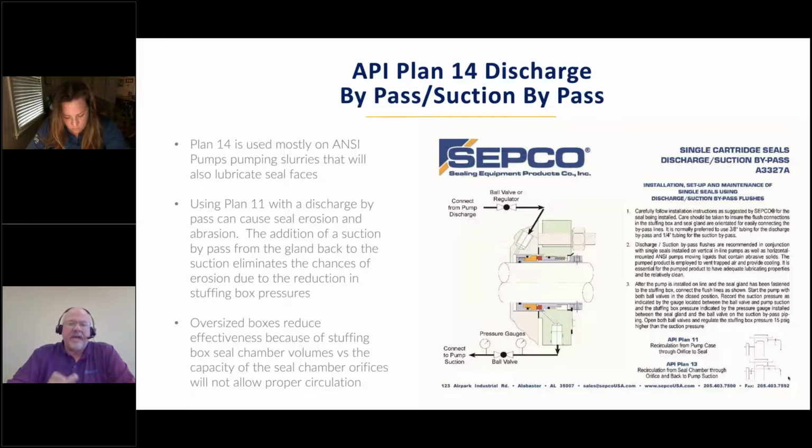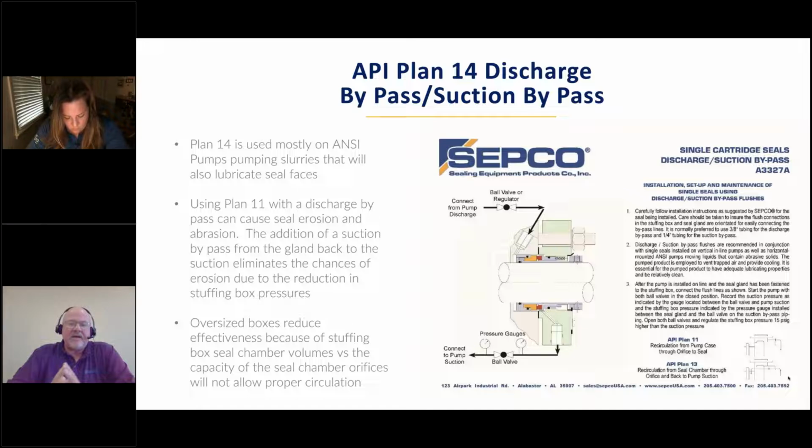Now, the only caveat to these applications is sometimes where you've got oversized stuffing boxes, it'll reduce the effectiveness of this, because the orifices in the stuffing boxes and glands are too small to handle the volume that you have in an oversized stuffing box to get it to actually circulate well.